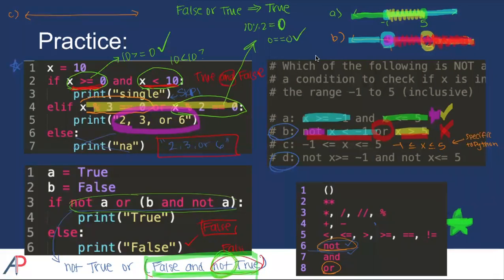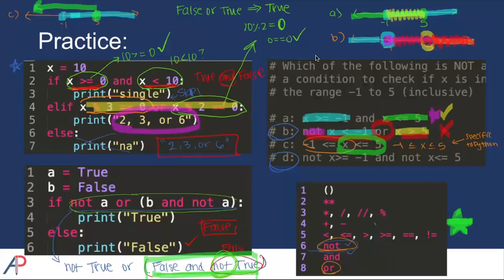C, however, is overall correct for Python specifically, because if I have my -1 and 5, this part right here indicates that I want all numbers that are greater than or equal to -1. So that would start from -1 and go to the right, whereas this thing I circled, x is less than or equal to 5, would start from here and go to the left, everything that's less than or equal to 5.